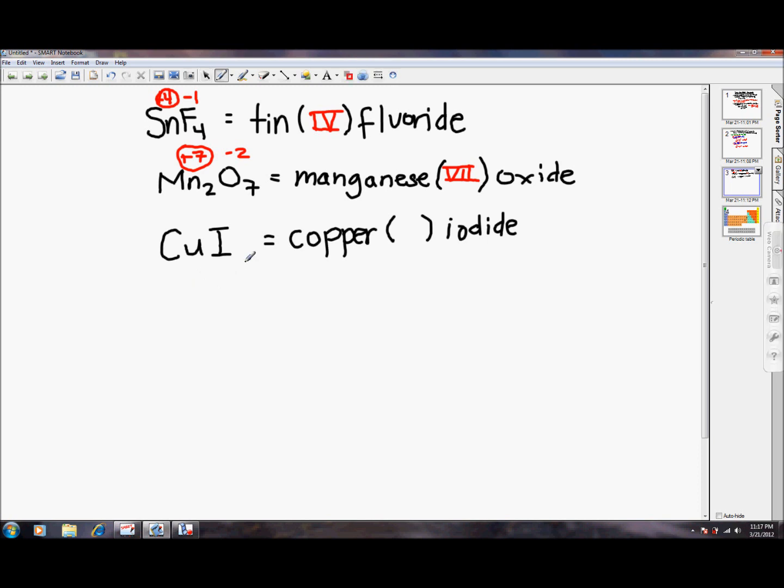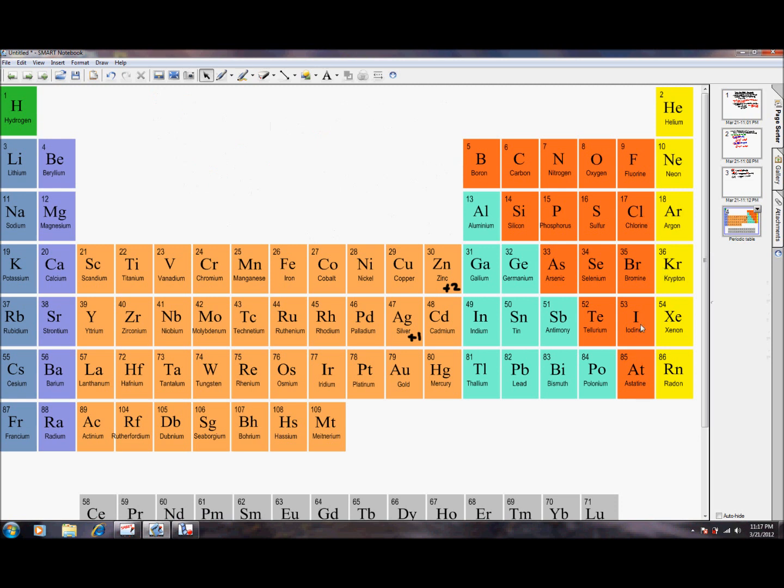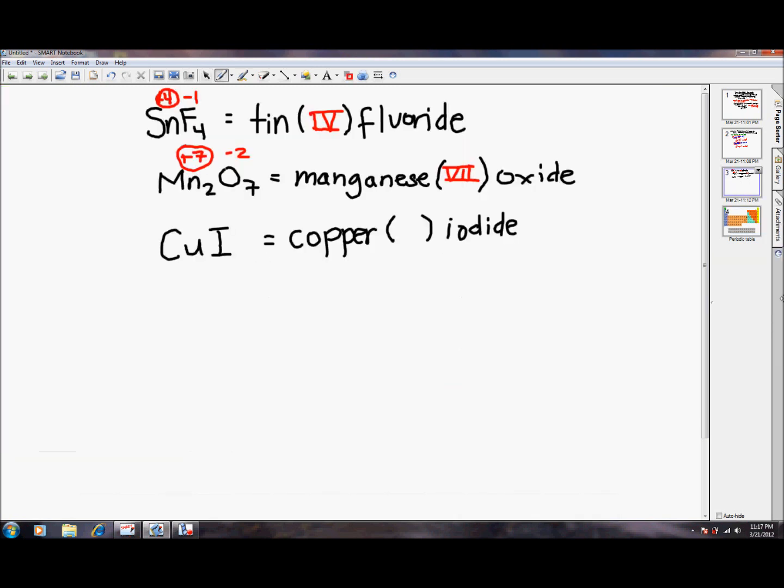Well, for these, if you don't see any numbers in the formulas, go to the non-metal and look at the periodic table. Right here, iodine, the halogen family, they're all -1. So that means I know that this is -1. Since there's 1 copper and 1 iodine, and I know they had to add up to 0, if this is -1, that one has to be positive 1. So that means that a Roman numeral 1 goes in the parentheses.